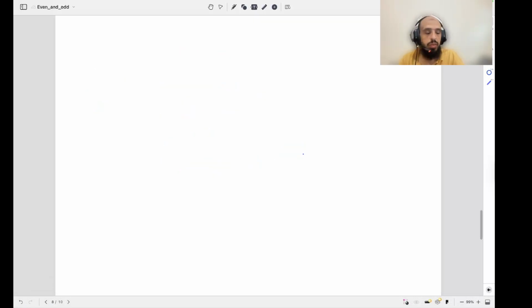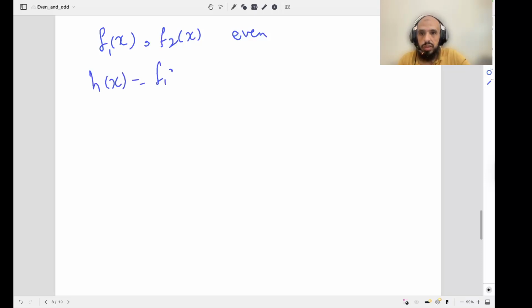Now let's look at some of the properties of even and odd functions. If we have two functions, f1 of x and f2 of x, and both of them are even, and we get a new function h of x, which is equal to f1 of x plus f2 of x, is this an even or an odd function?